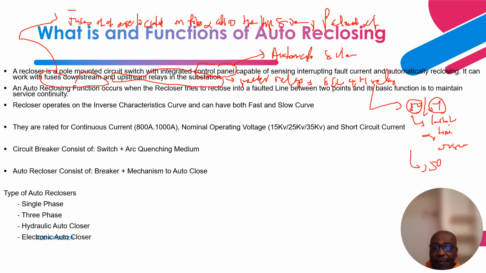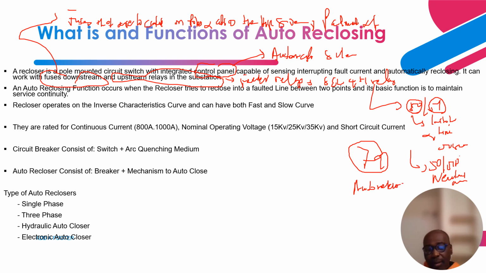Also, you can have 50-51N, that is neutral overcurrent protection. That protects for ground faults, neutral unbalanced currents that flow through the neutral. Then if you want a reclosing action of the breaker, then you can have the 79 element as well. That is for auto reclosing. Then you can, for high impedance faults, right?